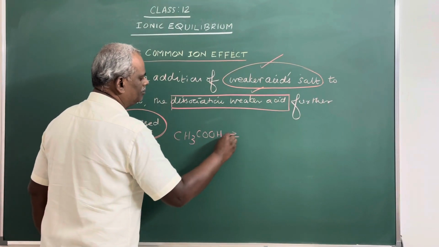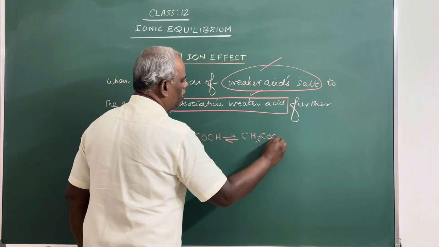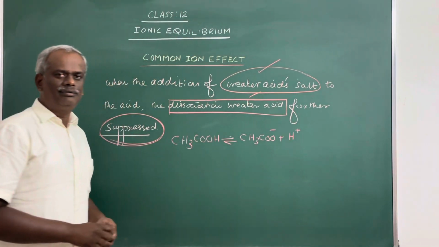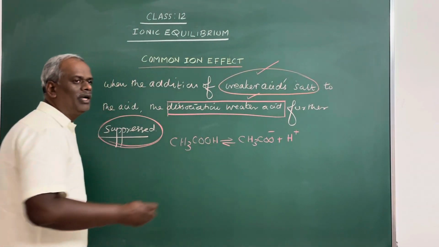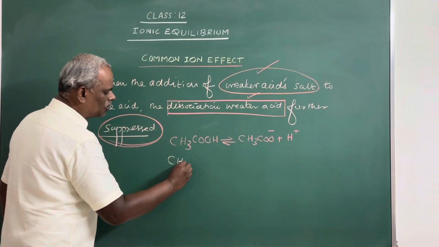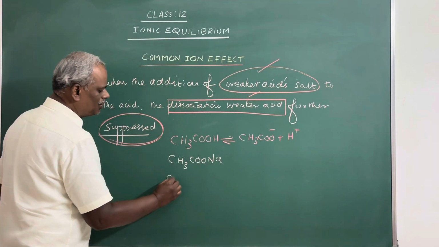Consider the following acid, CH3COOH. It is nothing but acetic acid that is partially dissociated to form acetate ion and H plus ion. It's not completely ionized and hence it is a weaker electrolyte. And to that, we are adding a stronger electrolyte, CH3COONa, sodium acetate.